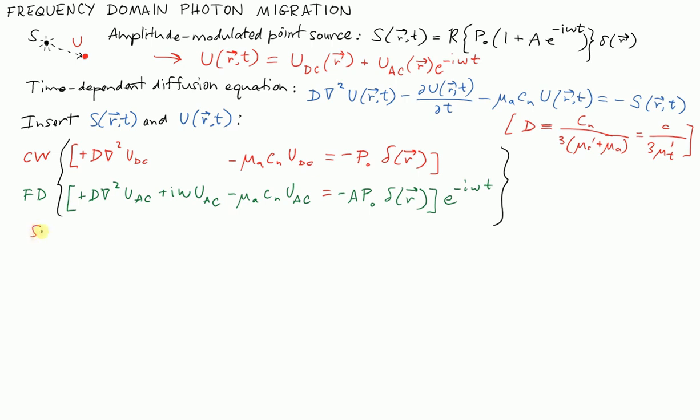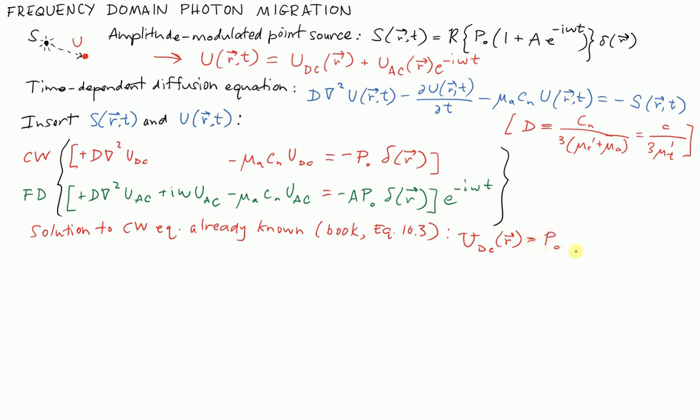Let's write that out. So the solution to the CW equation is already known. And in the book, it's equation 10.3. And let's notice what it is. It's the DC term equals, and we're not deriving this here, we're just asserting it from what you've already seen.